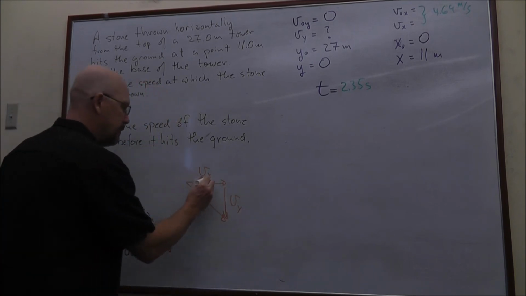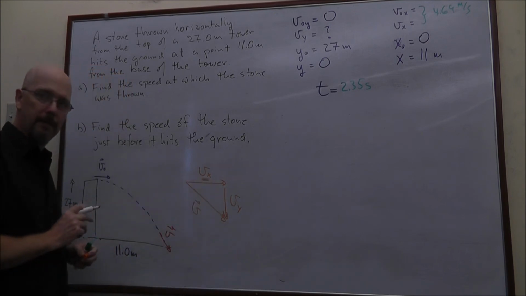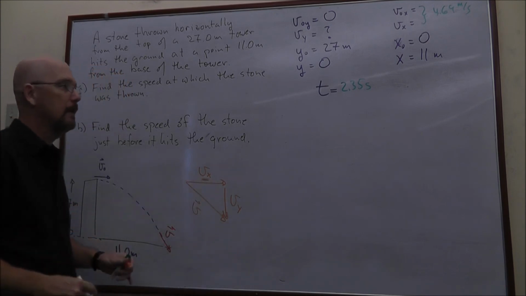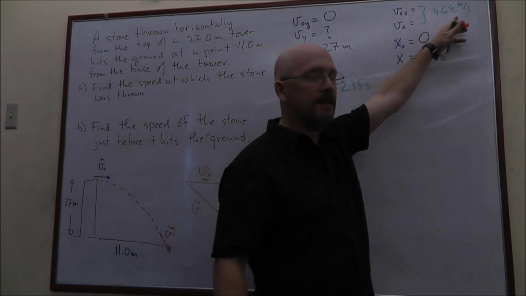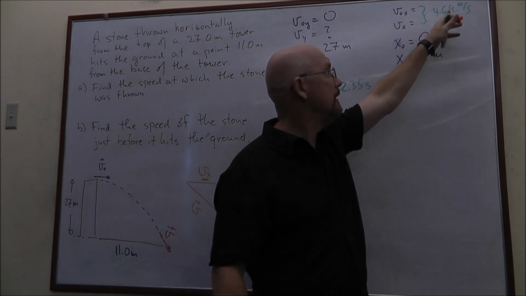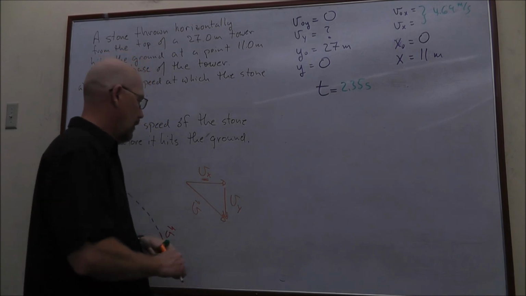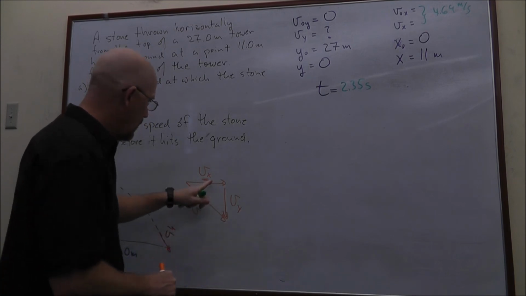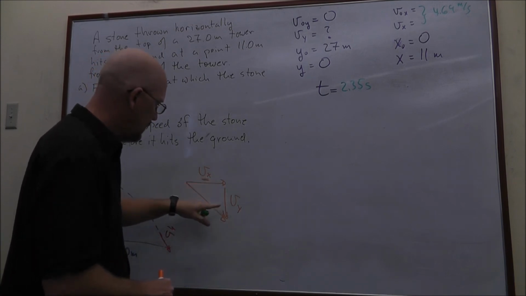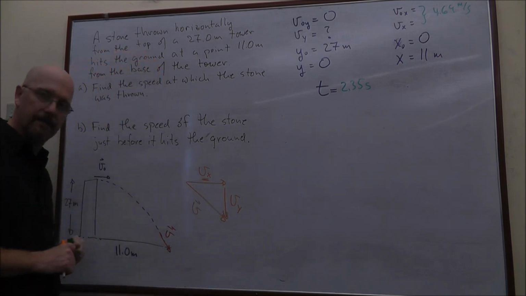The x direction piece we know from the last part of the problem. That's our 4.69 meters per second. I filled it in our table of things we know and don't know. So if I know this, I need to find this.